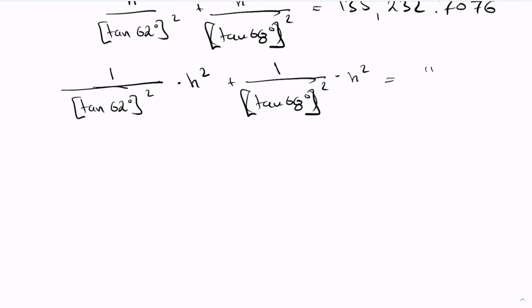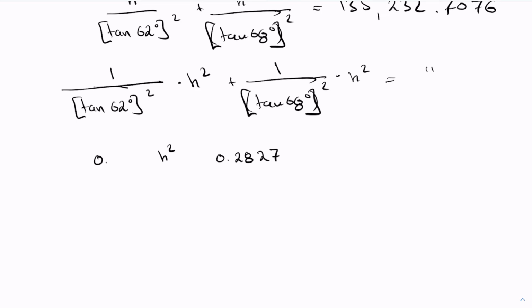When you do the math, I'm going to get some decimals now. 0.2827 h squared. Sorry, that's for the other one. So let me move that over here. And then for this one, I get 0.1632.